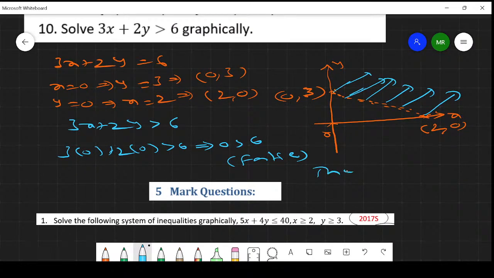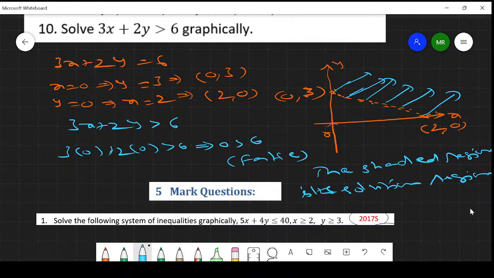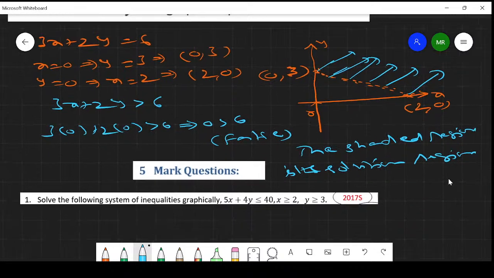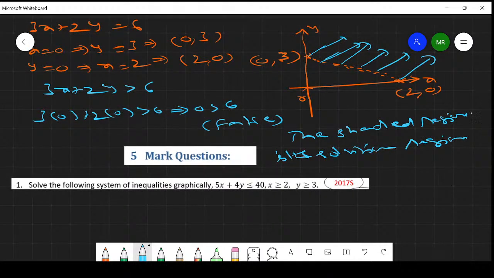The shaded region is the solution region.